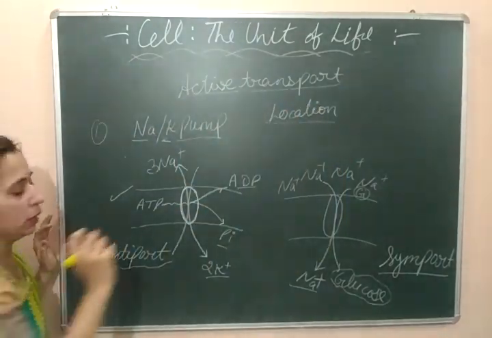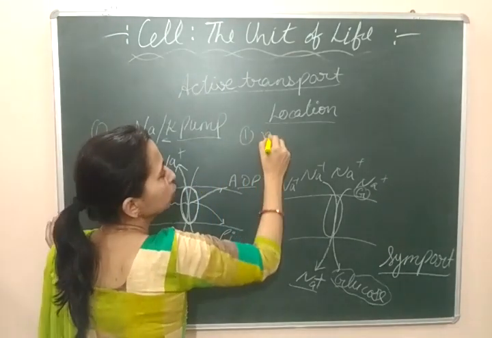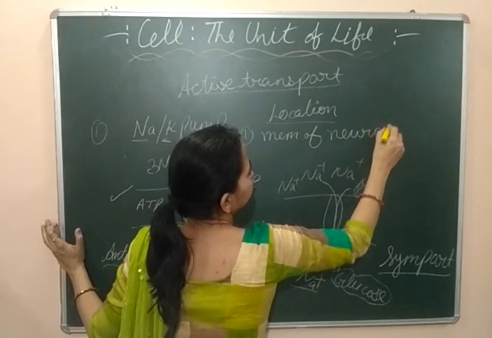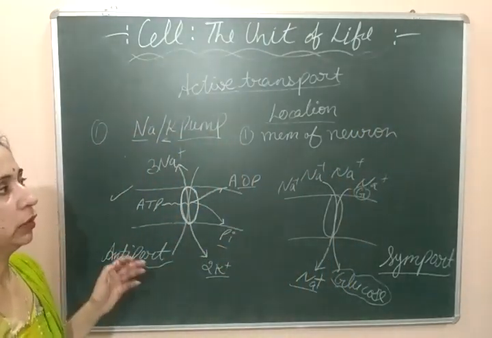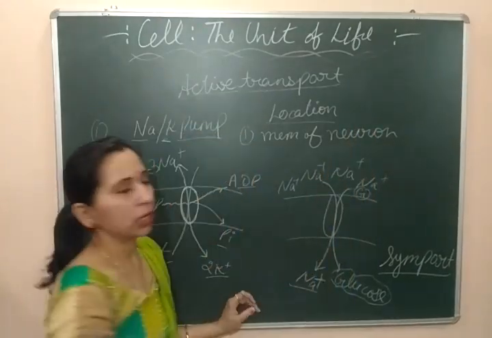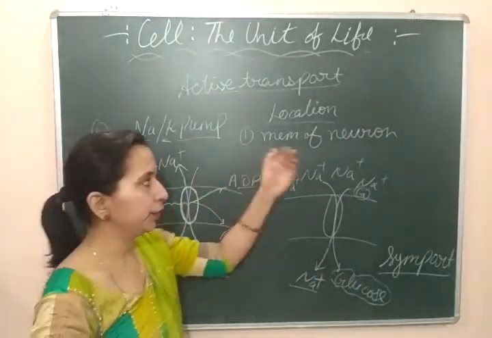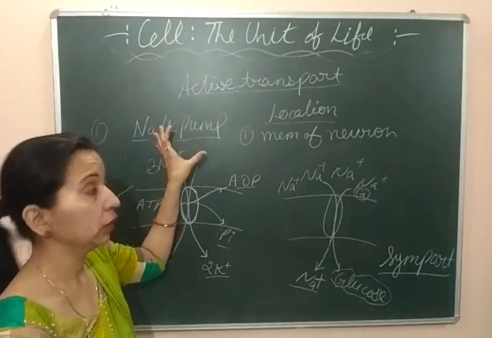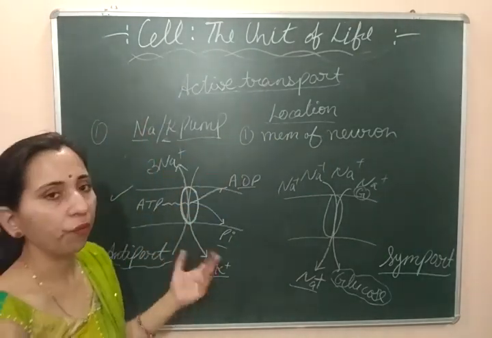These pumps are present on the membranes of neuron. Neurons, as you know, are the nerve fibers which are responsible for the transmission of nerve impulses. On their membranes, such type of pumps, sodium potassium pumps, are present, which help in the transmission of nerve impulses.